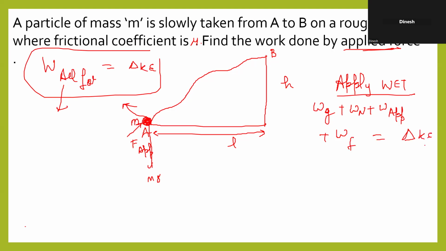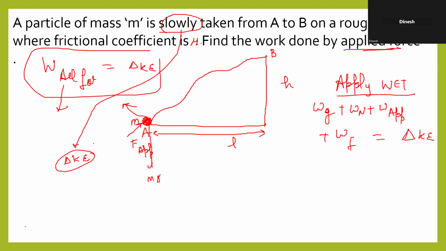And they have mentioned slowly. If you find this word slowly anywhere, it means there is no change in kinetic energy. You are taking this particle from A to B very, very slowly so that the change in kinetic energy is always zero. The particle always looks like it is at rest.